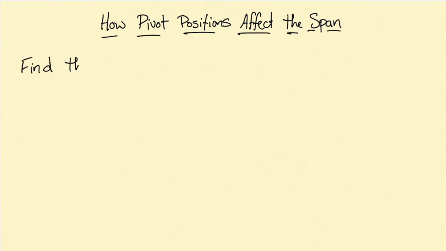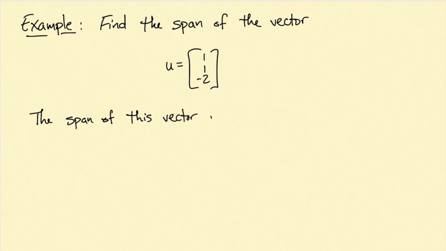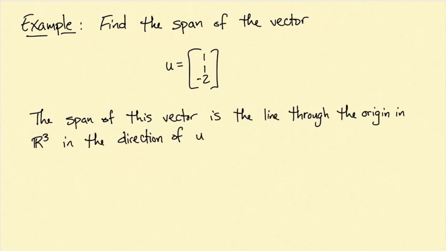We're going to find the span of the vector u, whose entries are 1, 1, and -2. This is the simplest possible situation. The span of the single vector we'll find is the line through the origin in the direction of the vector u.